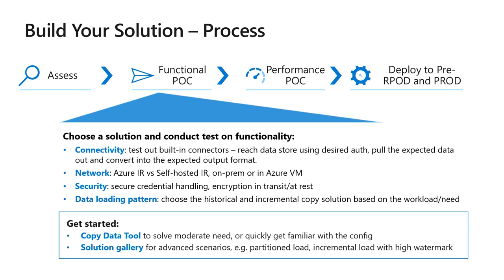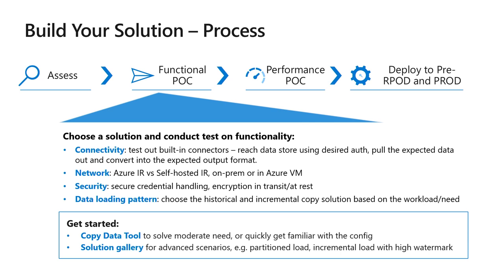Network: you can choose between the managed Azure integration runtime and the self-hosted components, either on-prem or in a VM. Security: design your way to handle credentials; the suggested way is Key Vault and service-to-service authentication. And loading patterns for both historical and incremental copies.